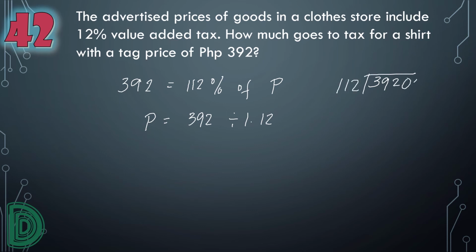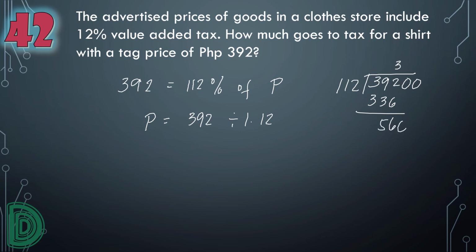So we add 2 zeros, moving the decimal point 2 places to the right. 392 divided by 112 is 3. That is 336. So we subtract: 12 minus 6 is 6. We borrowed 1, so this is 8 minus 3.